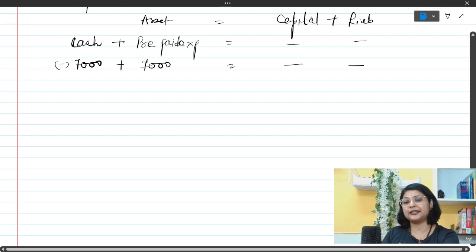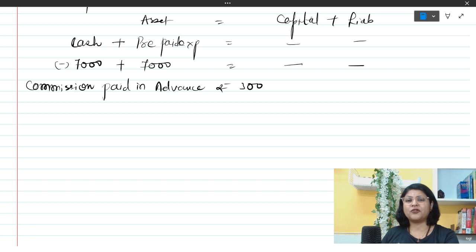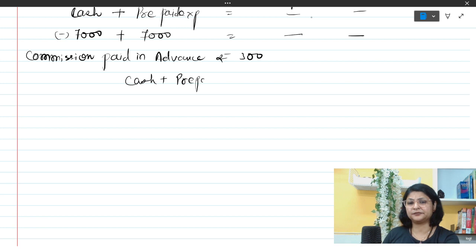Let's take one more example. For example, commission paid in advance 300 rupees. So what are you going to do? Again, on the asset side, you will have cash and prepaid expense.